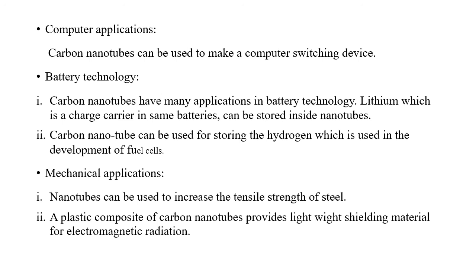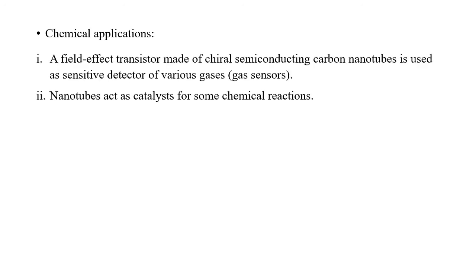Next, mechanical applications. Nanotubes can be used to increase the tensile strength of steel, and plastic composites of carbon nanotubes provide lightweight shielding material for electromagnetic radiation. Finally, chemical applications.